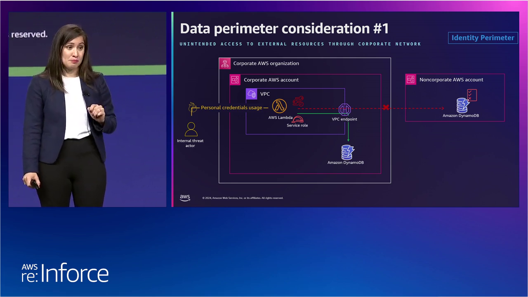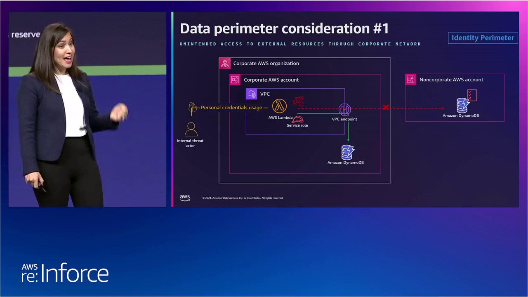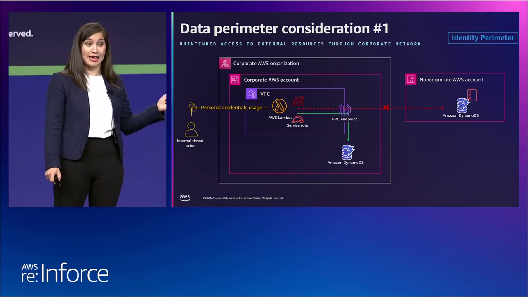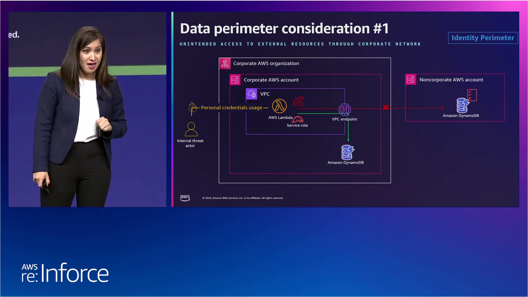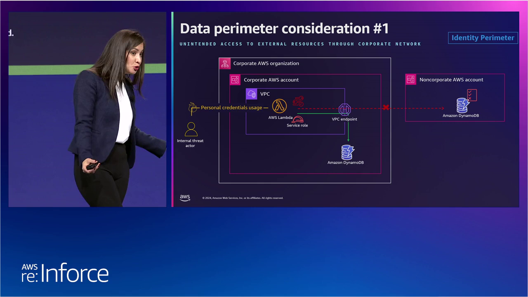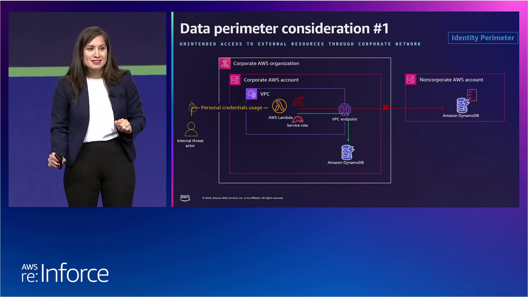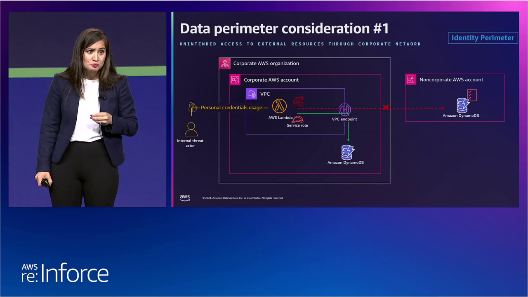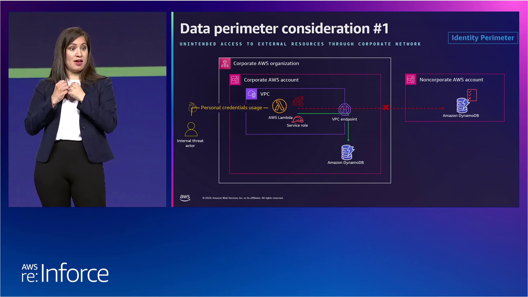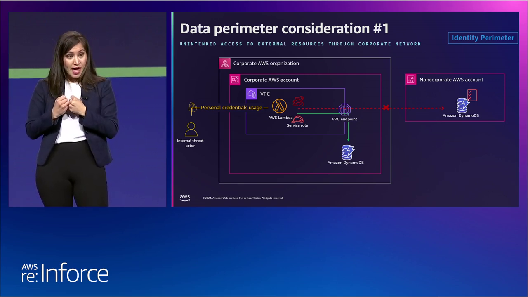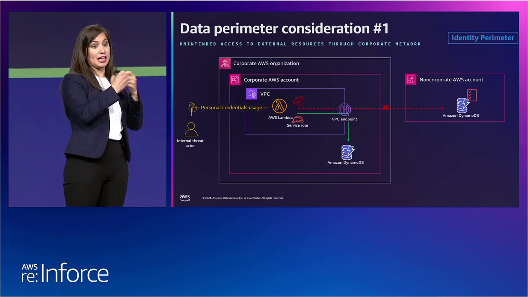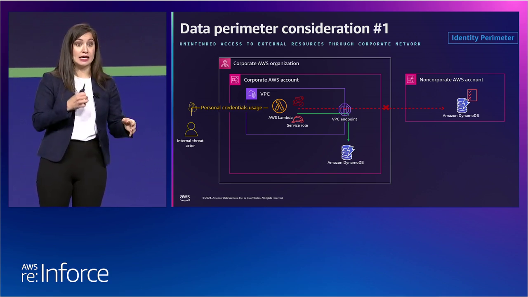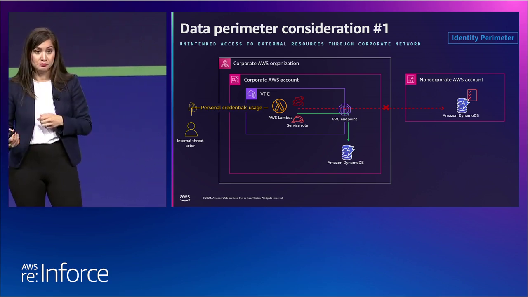He is not happy, so he decided to intentionally take some data with him. So what is he doing? He could do a few things. One of them is, if he has a personal AWS account, he can bring in his personal credentials, embed them into the Lambda code, and then try to exfiltrate data.